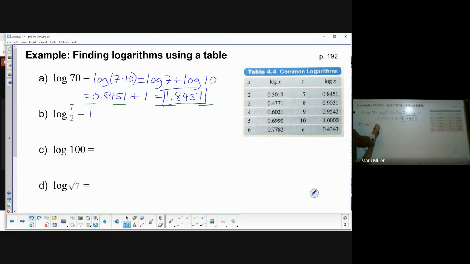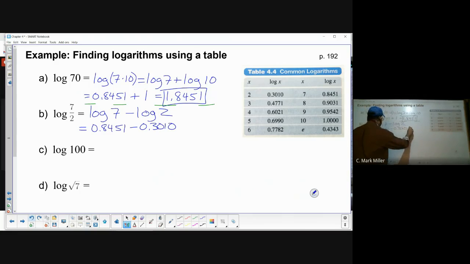So this equals log 7 minus log 2, which from our chart over here on the right, the log of 7 is 0.8451 minus the log of 2, 0.3010 equals 0.5441.